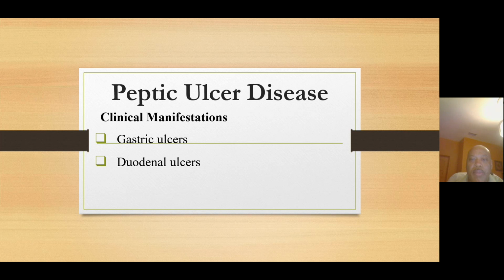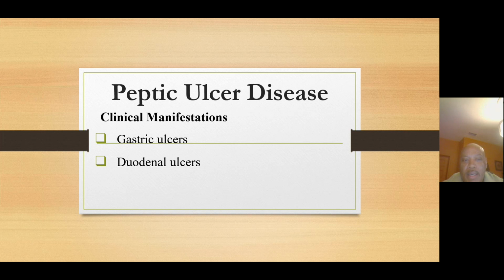Now let's go ahead and get into some of the clinical manifestations of gastric ulcers, as well as duodenal ulcers. In gastric ulcers, the discomfort is generally high in the epigastrium and occurs about 1 to 2 hours after meals.